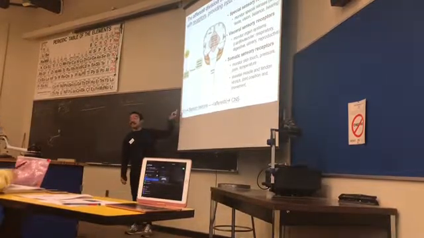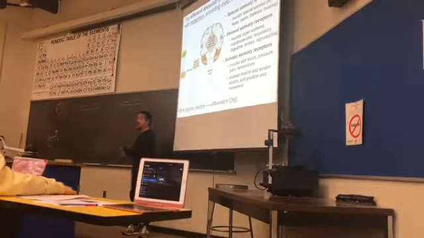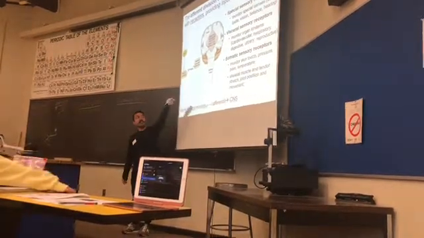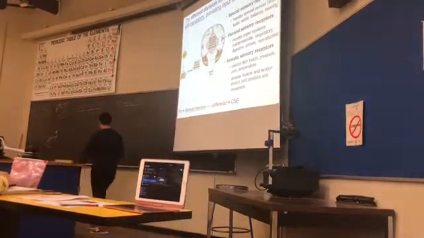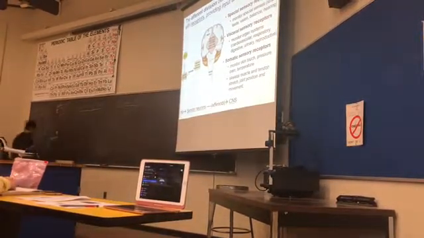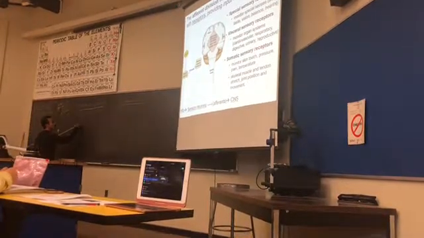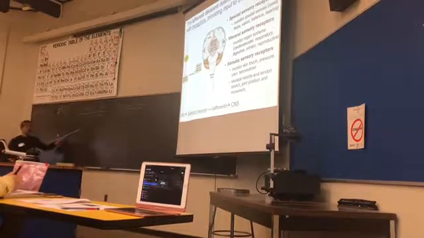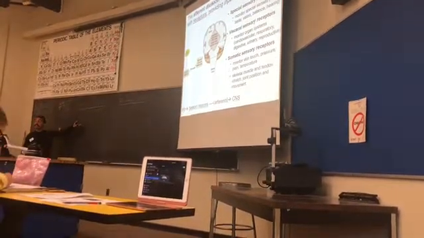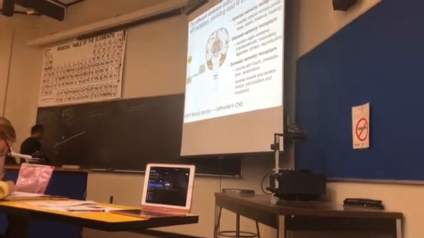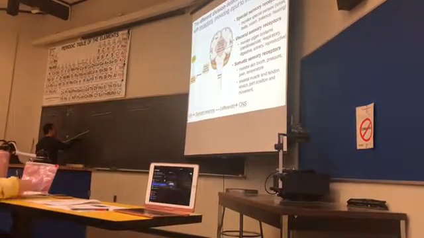So we need to somehow detect the information, activate that sensory neuron, the receptor, and then send that information to the central nervous system. This extension that's leading to the central nervous system, that is our afferent. This is an afferent pathway.